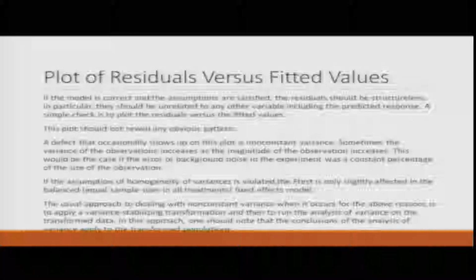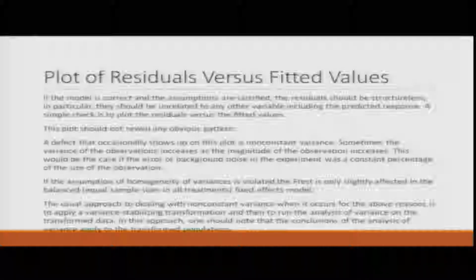In particular, they should be unrelated to any other variable, including the predicted response. A simple check is to plot the residuals versus the fitted values. This plot should not reveal any obvious patterns, and that should be true because if they are random, the randomness should show up in the values which you are plotting. A defect that occasionally shows up on this plot is non-constant variance.